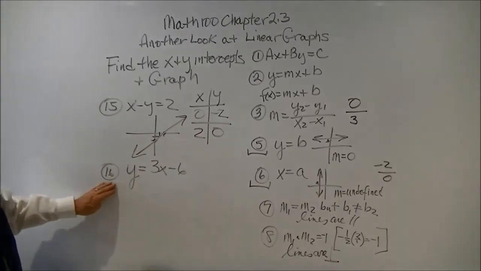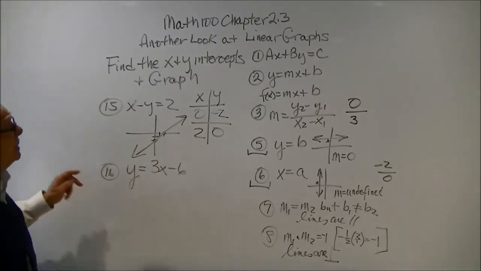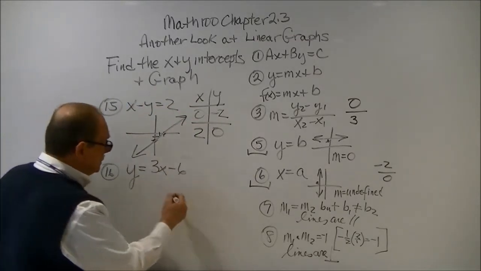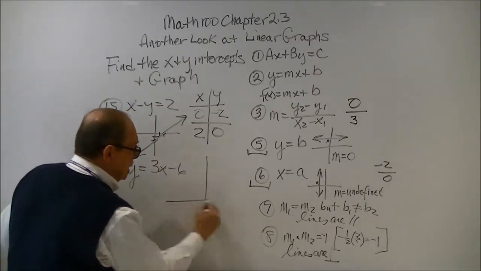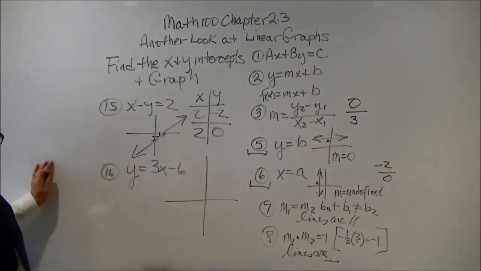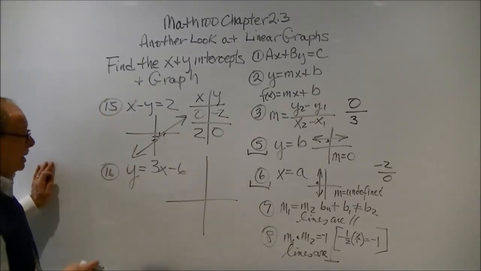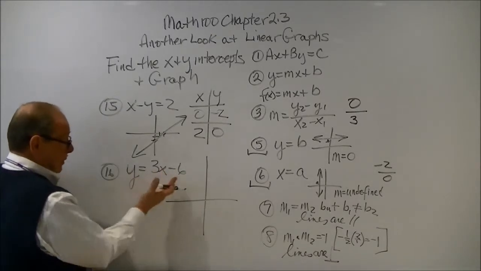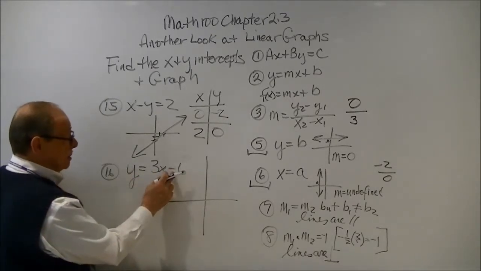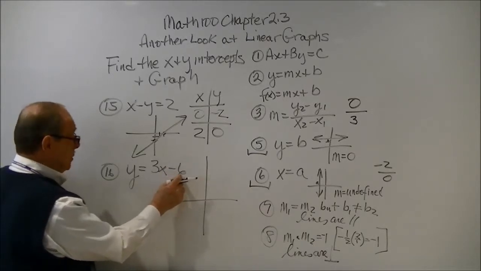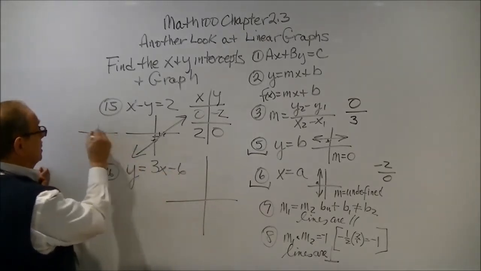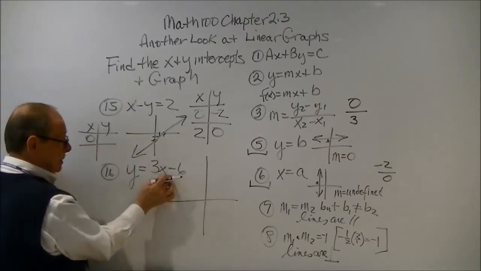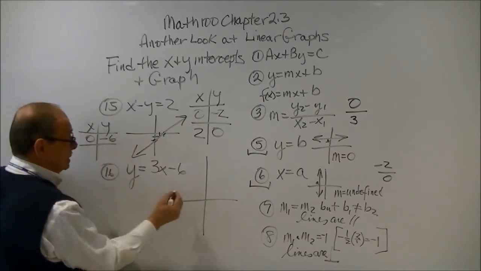Now, for number 16, even though they said find the x and y intercepts, I think it's okay if we use the technique we used previously. That is, solve for y, which is what the equation is, then plot the y-intercept that we know. If x is 0, then it's going to be a -6.